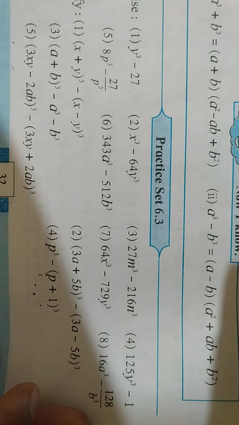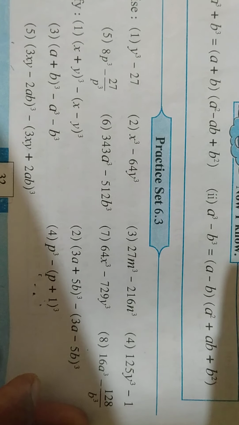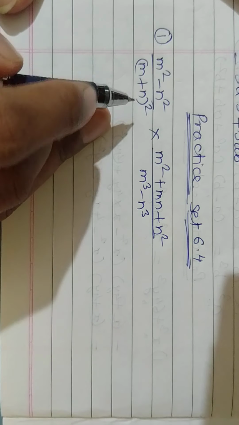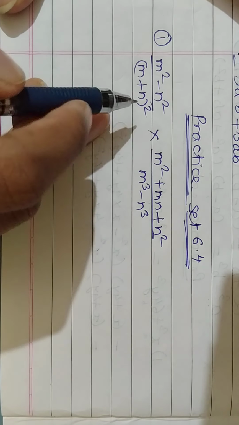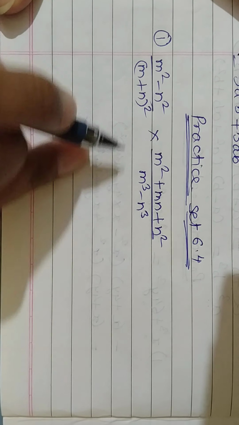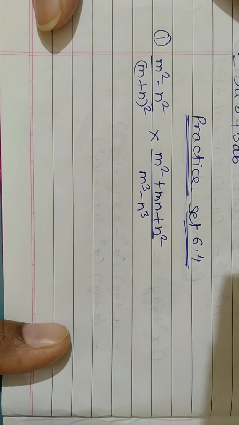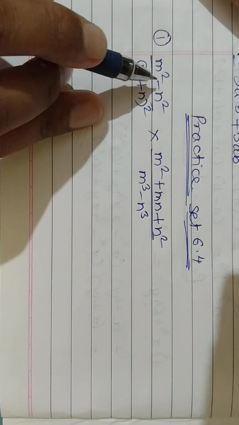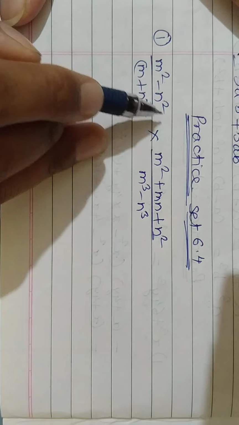Now we'll go for the next. Now see practice set 6.4. Here some rational numbers are there in the algebraic expression, that are rational algebraic expressions. Now here also same way you have to use different formulas. Now m square minus n square is there.